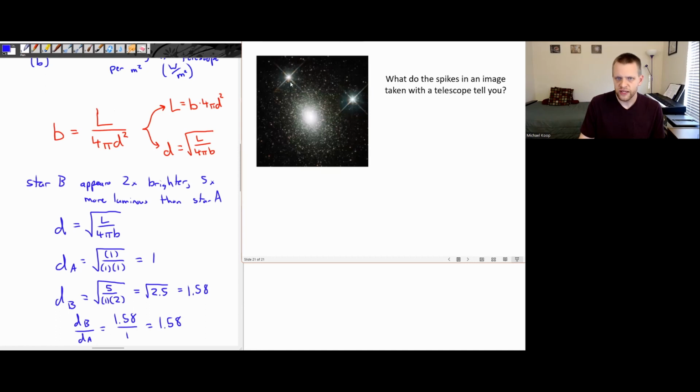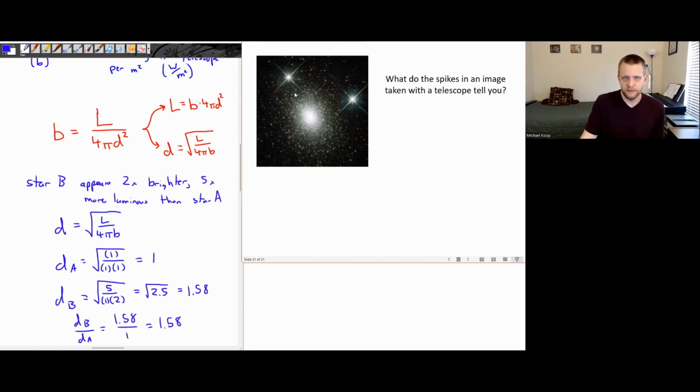When we look at images like this, in different telescope images, you'll see these kind of spikes showing up. In fact, in the images of the James Webb Space Telescope, sometimes you'll see them showing up in a six-pointed star figure.